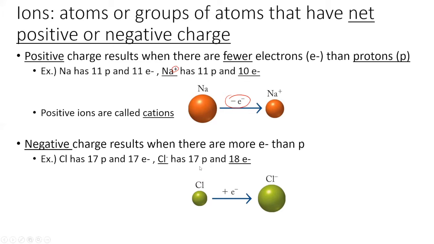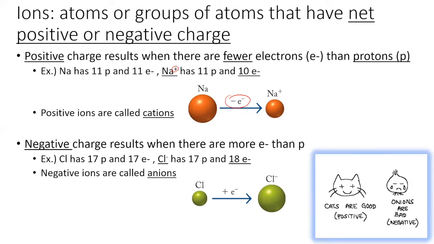Again, it has to have 17 protons because that's what makes chlorine chlorine. But that negative charge means that it has gained an extra electron. So now it has 18 electrons. So again, here's a little picture of what's going on. You start with the chlorine atom, you add an electron, and you get a chloride negative ion. And negative ions are called anions.